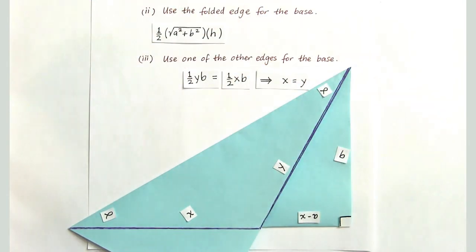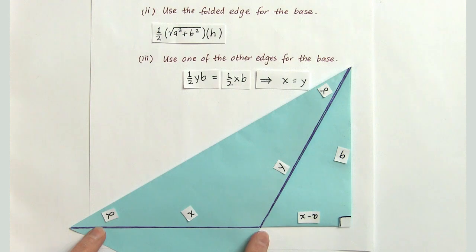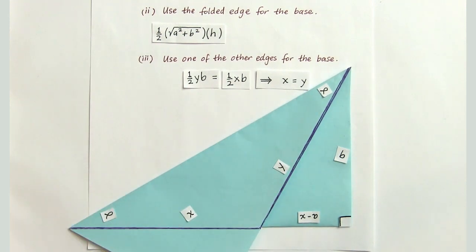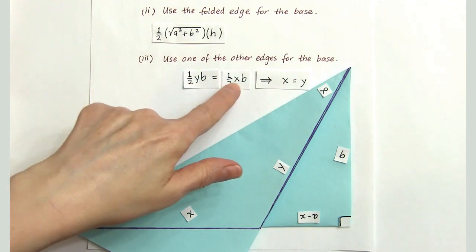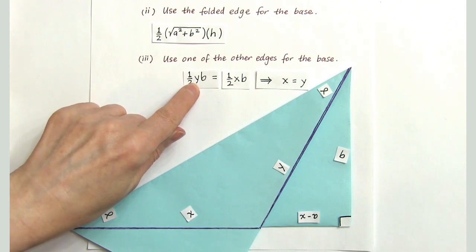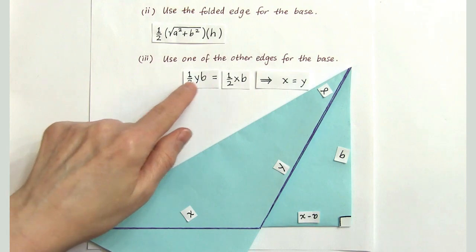But if you hadn't noticed the symmetry of this problem, then trying this strategy by using the other edges for the base, you would get x equals y for free without having to consider congruent triangles or congruent angles or anything. But just from knowing that this is two different ways of expressing the same area, this equation tells us that x must equal y when we divide out the b and multiply both sides by 2.